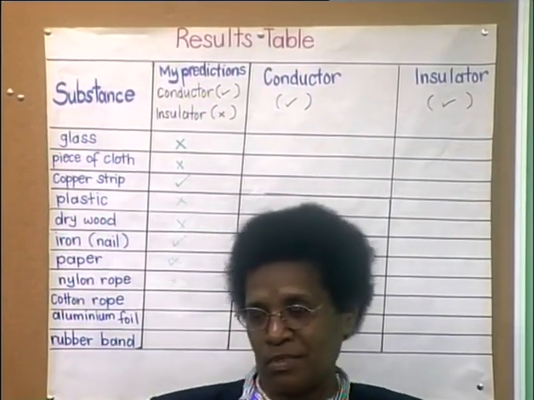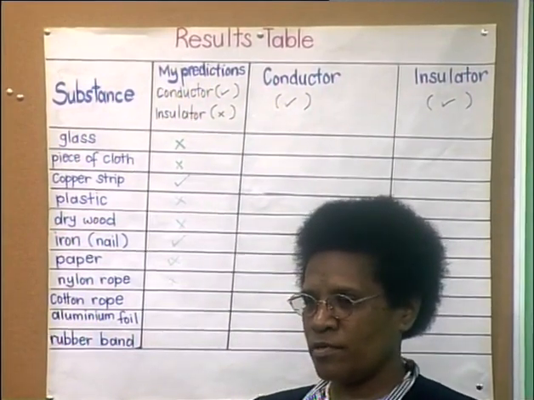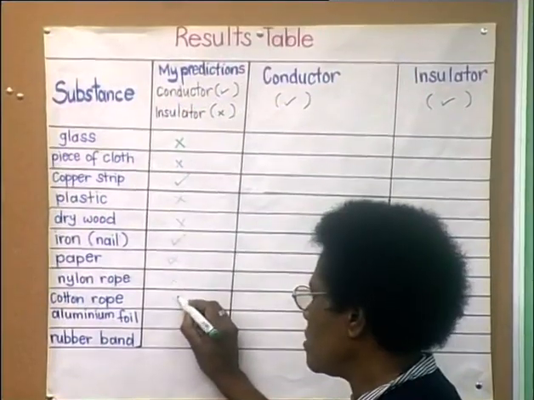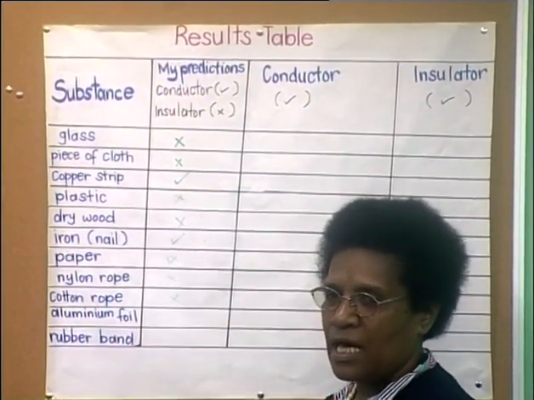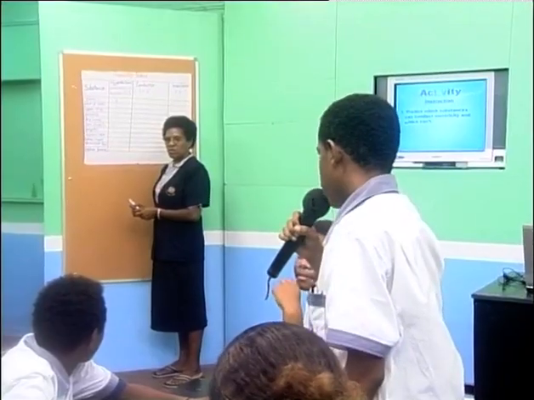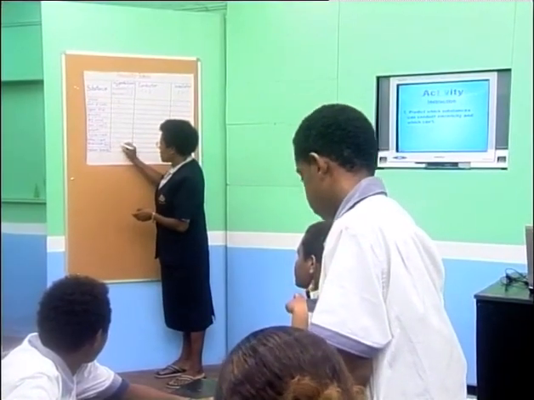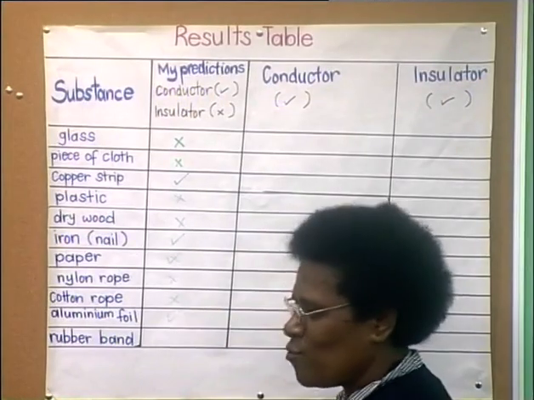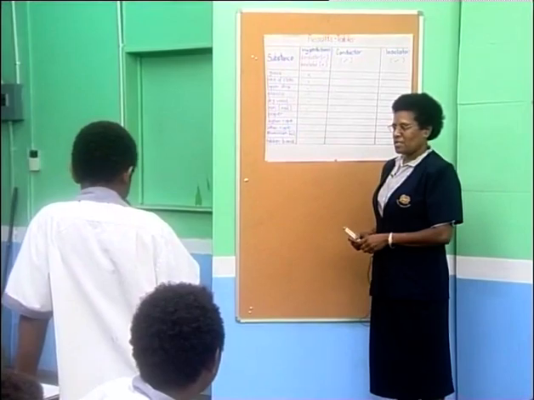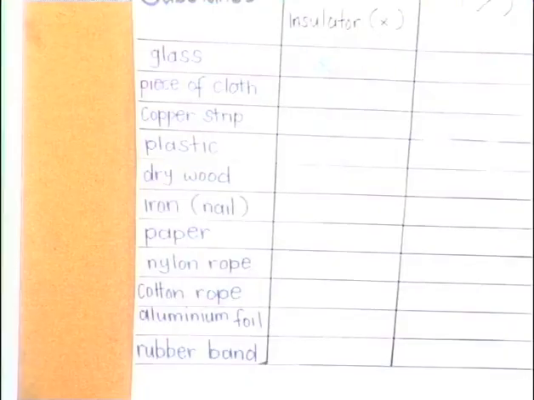Let's have you, the girl next to Livingstone. Insulator. Aluminum foil. Let's have you, Michael. Conductor. Rubber band. You give us your answer. Insulator. These are our predictions.